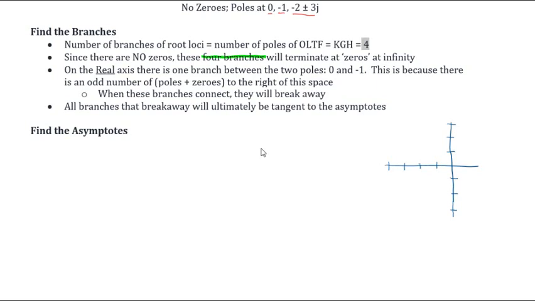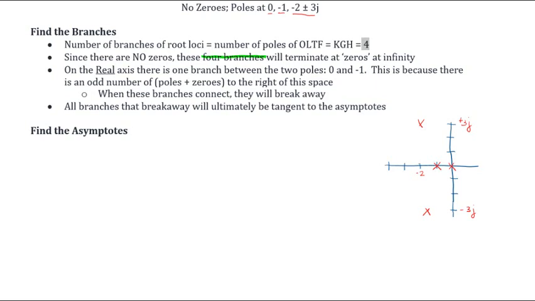The first pole is at 0, so I'll go ahead and add that one. The next pole is at -1, it's right there. The third and fourth poles are at -2 and at plus and minus 3j. So there's plus 3j, and here's minus 3j, right about there and there.